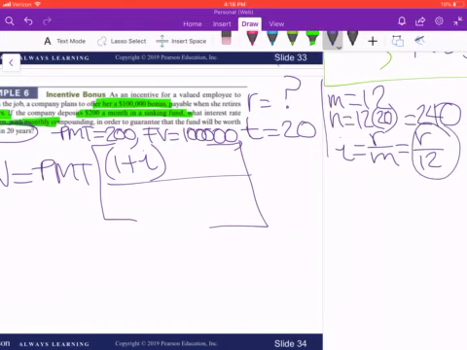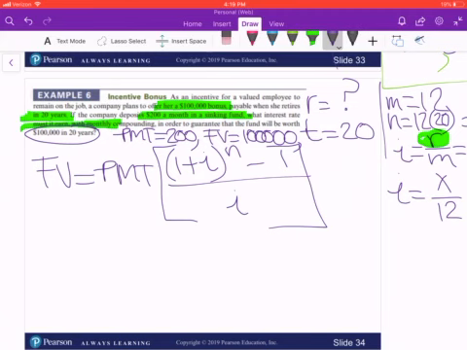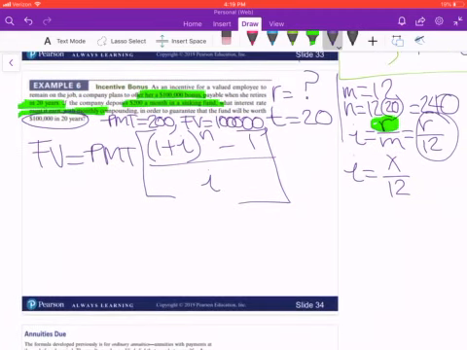But since we're going to solve this by using our calculator, we will be using, instead of R, X, because we're going to graph it. So we're going to use X over 12, just a heads up. So then the formula goes like this, and then here we have I. So now let's replace what we know. We know what the future value is.